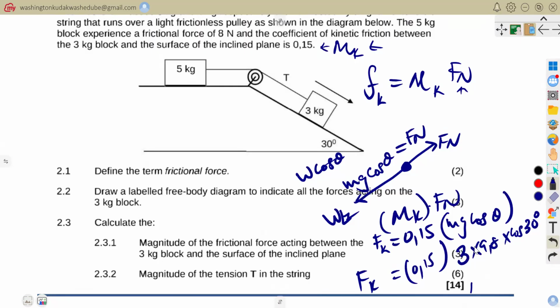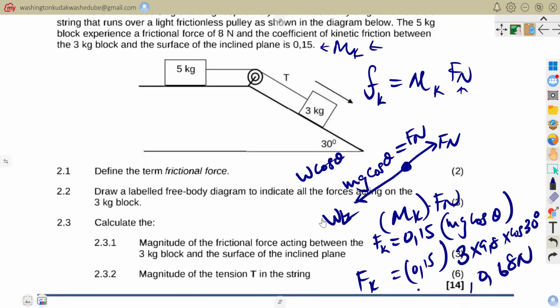And that was going to give you a total of 0.68 newtons. So that is the answer that you were supposed to find by just using this calculation.